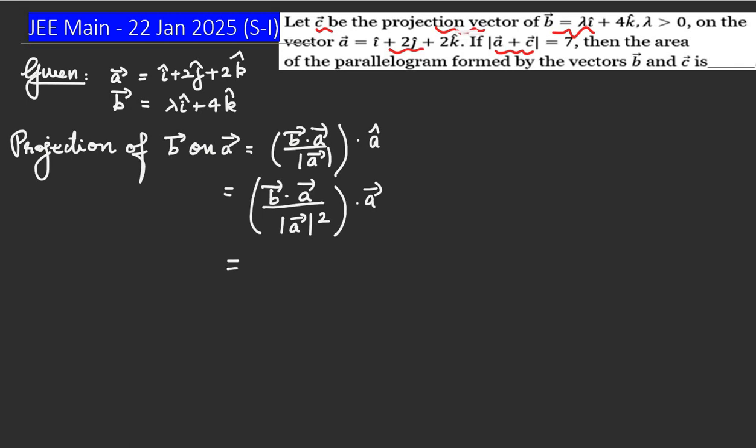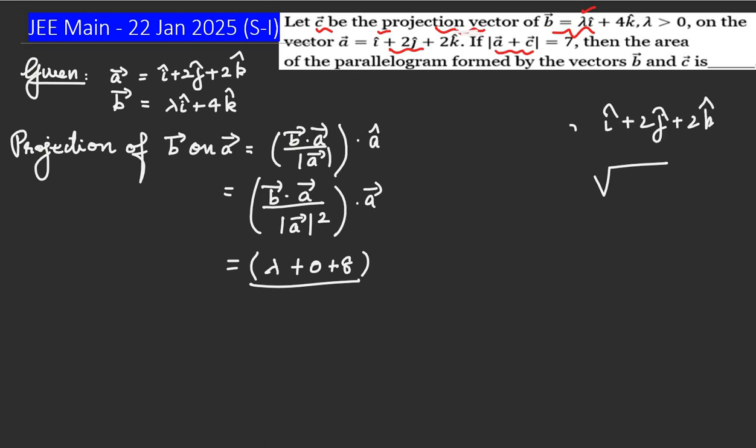Now B dot A is equal to B vector dot A vector, so lambda I cap plus 4 k cap dotted with A. There is no j in B vector, so 0, plus 4 into 2 is 8, divided by mod A whole square, where A vector is given as I plus 2j plus 2k.